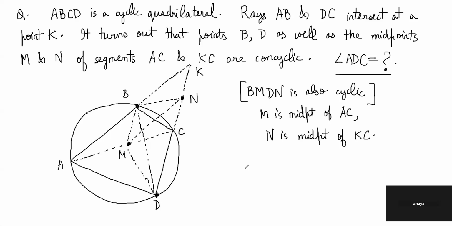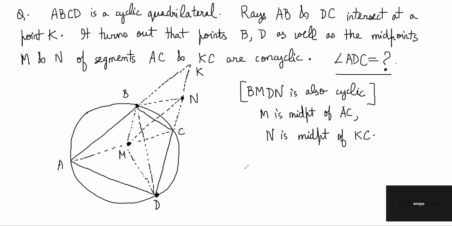What are you doing? I'm trying to see if there's any way we could find, because for cyclic quadrilaterals, all we know is that opposite angles add up to 180.